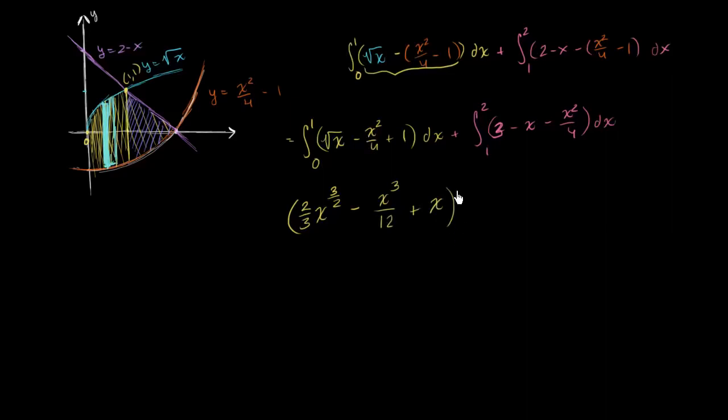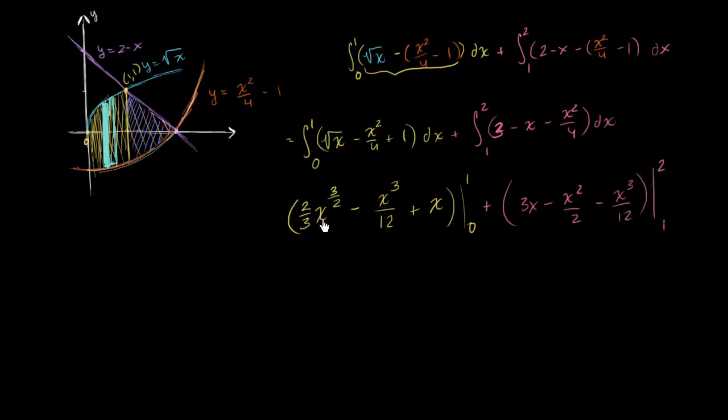We evaluate it at 1 and 0. For the second, the antiderivative is 3x minus x squared over 2 minus x to the 3rd over 12, evaluated at 2 and 1.